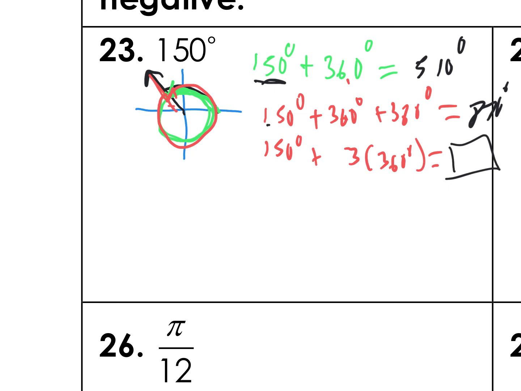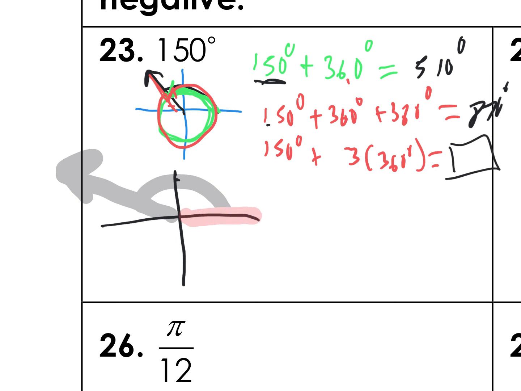So how does that look as a picture? Start with my 150 degree angle, because that's where I need to know where it terminates. Well, it terminates out here. There's my 150 degree angle. So I need another angle, but he wants a negative value.